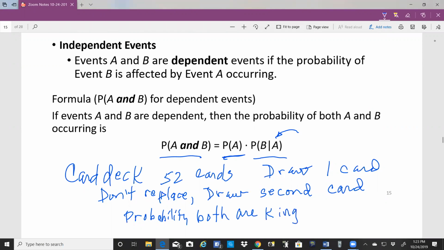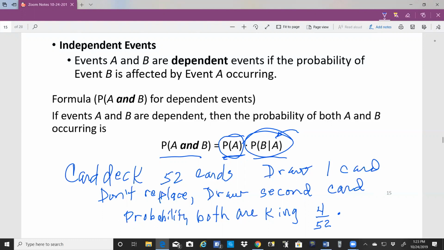Okay. Well, that's going to be the probability of A, the first card being a king. There are 4 kings in the deck. So the probability of that is 4 out of 52. Times the probability that your second card is a king, given that your first card was a king.